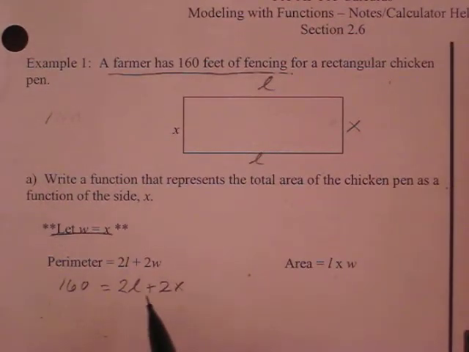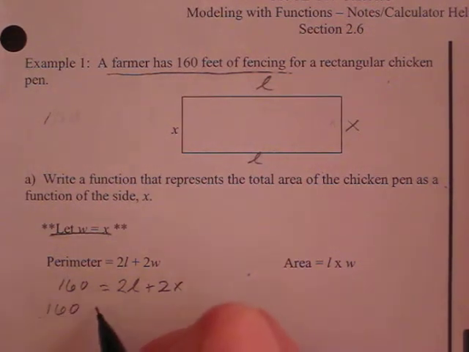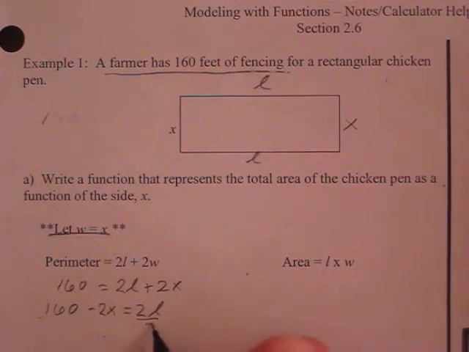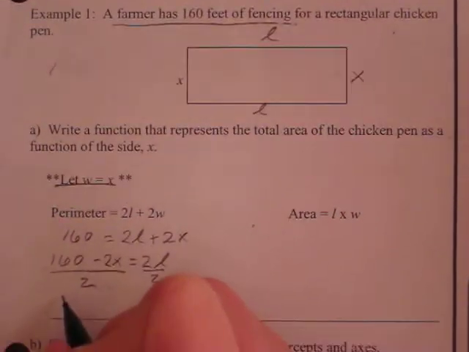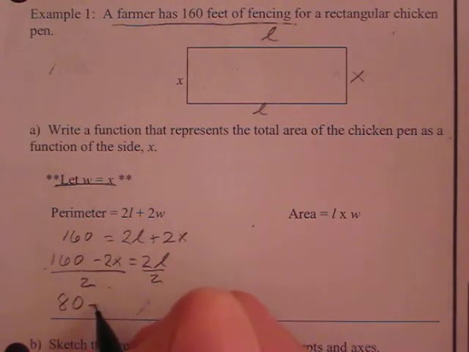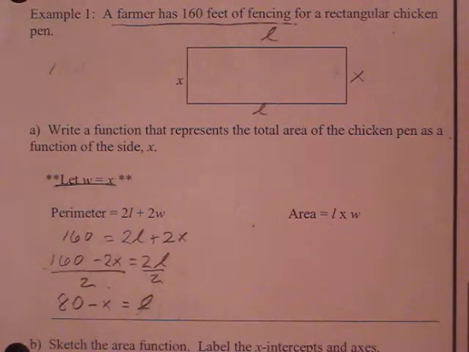Now I have to solve this and get this as simple as possible in terms of L. So I'm going to subtract the 2x. And then to get L by itself, I'm going to divide by 2. So I divide all of these values by 2. And if you can simplify this part, then you should. 160 divided by 2 is 80 minus x equals L. So I have 80 minus x equal to L.